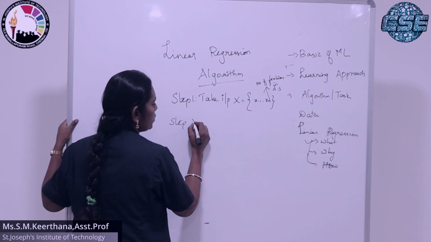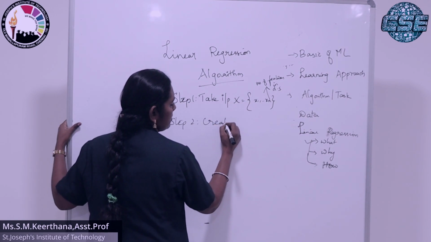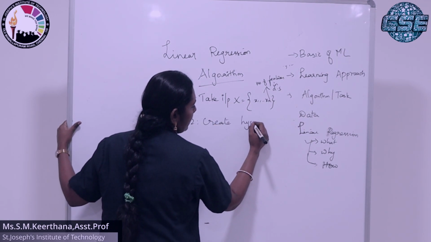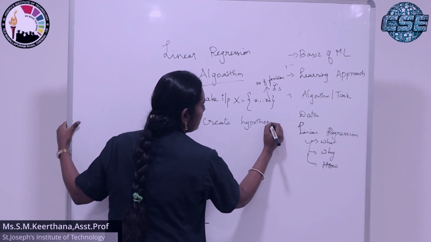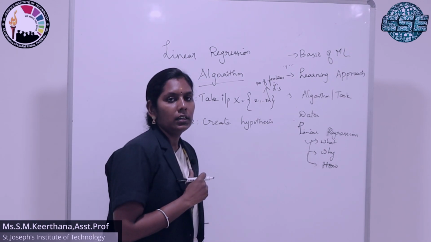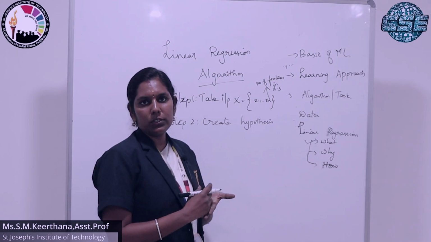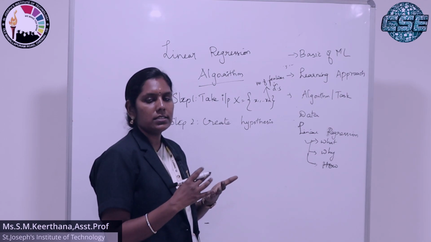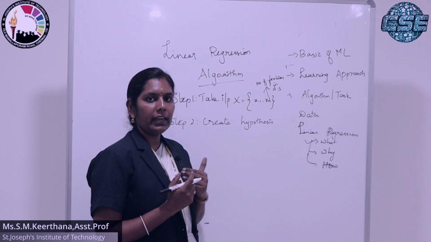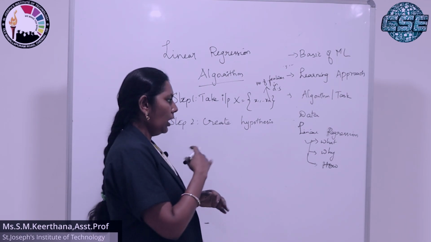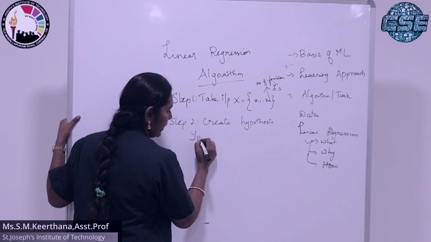Second step is to create a hypothesis. The hypothesis is not a confirmed equation or confirmed model's weight. We are creating an equation based on our assumption. So here I am creating a hypothesis.